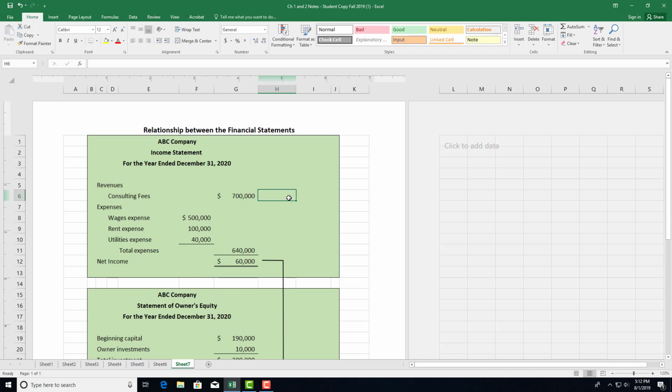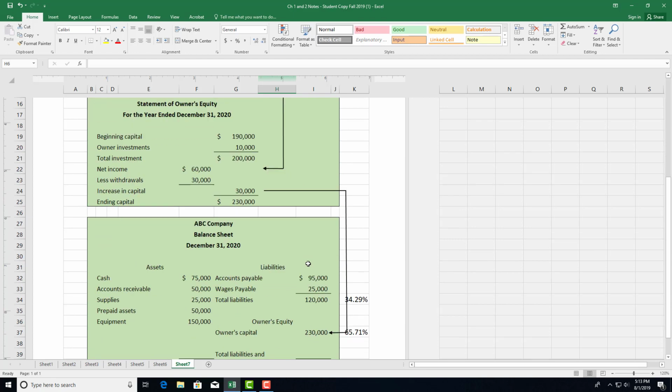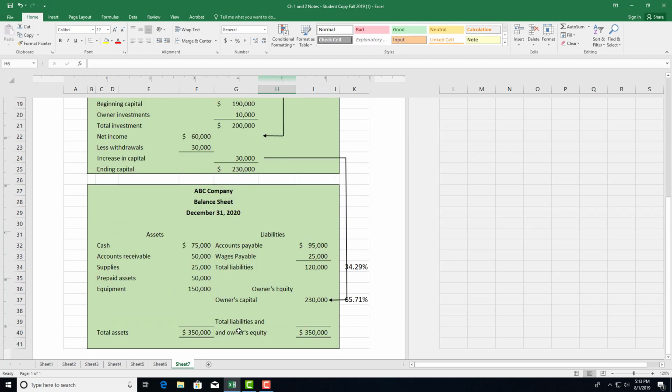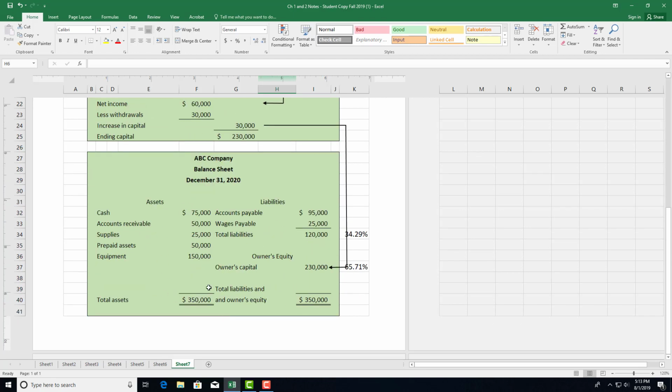So the balance sheet is probably going to look better and better as we have good performance. It will probably look worse and worse as we have bad performance. However, the balance sheet is not necessarily our one best financial statement for performance. So the one best financial statement for performance is the income statement. The one best for position or condition would be the balance sheet.